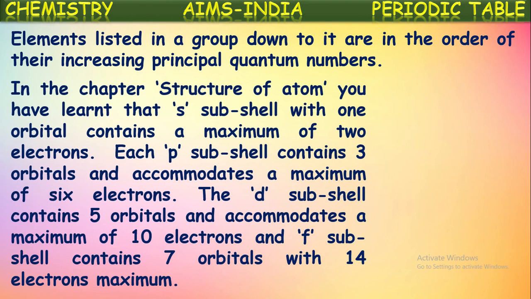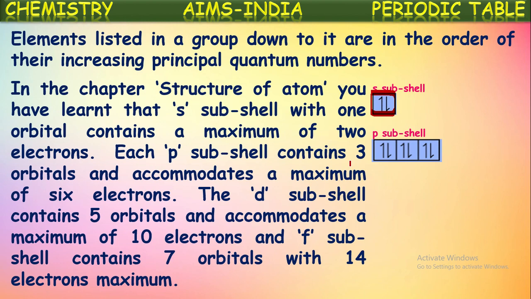In the chapter Structure of Atom, we have learned that the s subshell with one orbital contains a maximum of 2 electrons. Isn't it? Yes, the s subshell contains only one orbital which can accommodate only 2 electrons. Each p subshell contains 3 orbitals and each orbital can accommodate 2 electrons, hence a maximum of 6 electrons.